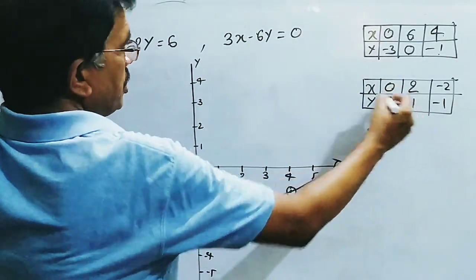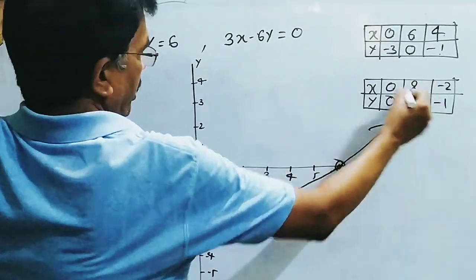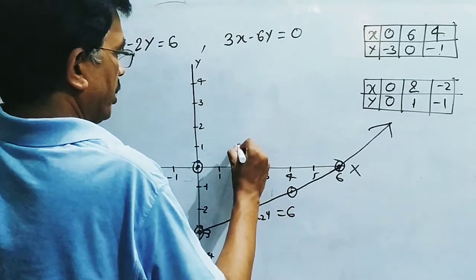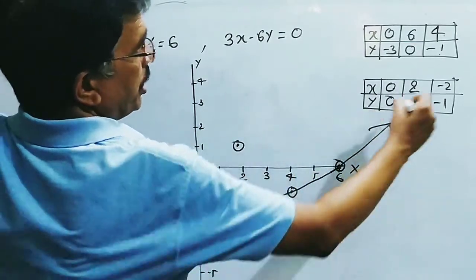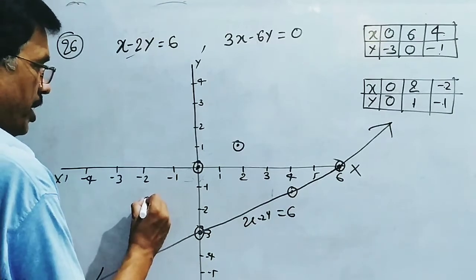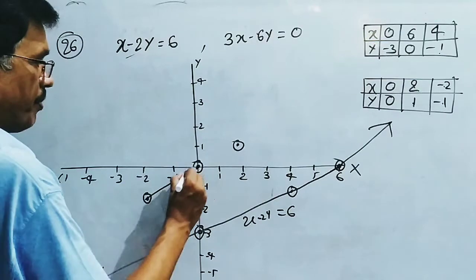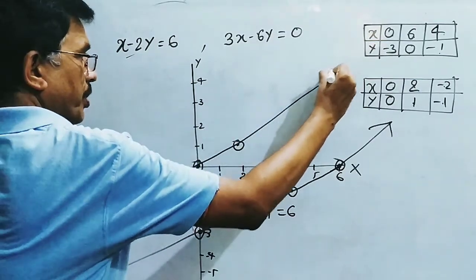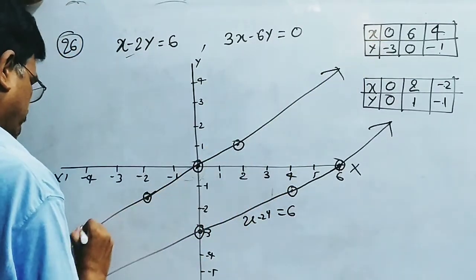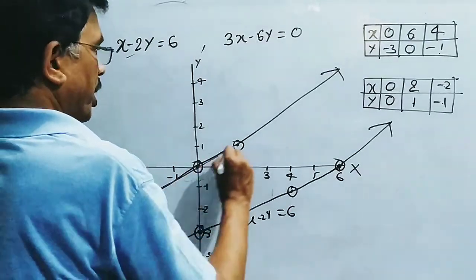Similarly here 0, 0, that is here. Next 2, 1 is there. Next minus 2, minus 1, here is minus 2 and here is minus 1. And draw the graph. Both are plotted for these two lines. Then one is here, another is there. Dear students, both lines are parallel in your graph paper.